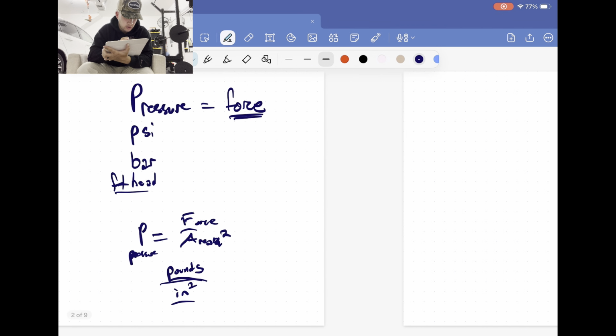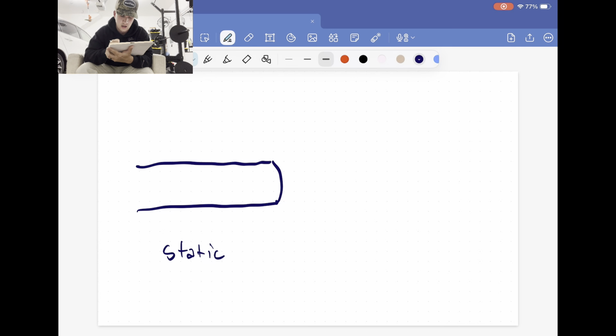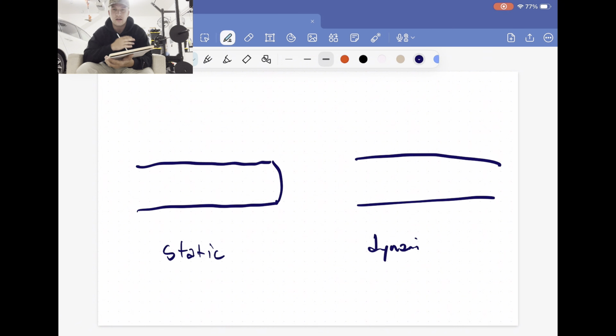It's important to understand pressure comes in two forms. We measure in two ways: static pressure and dynamic pressure. Static means it's not moving. The water is stuck in the pipe and pressing in all directions, essentially just looking for a way out.